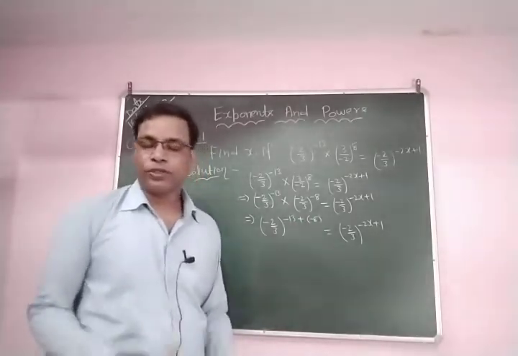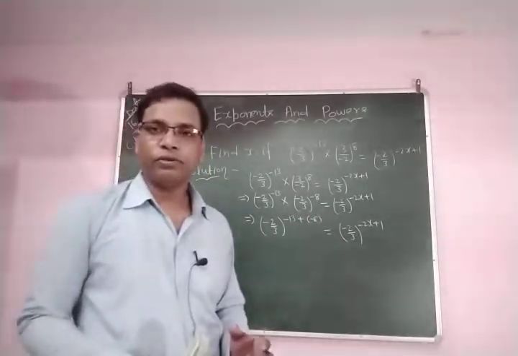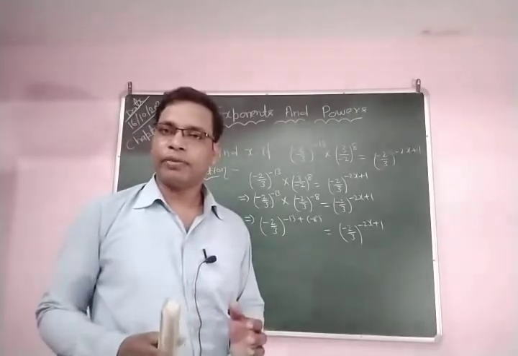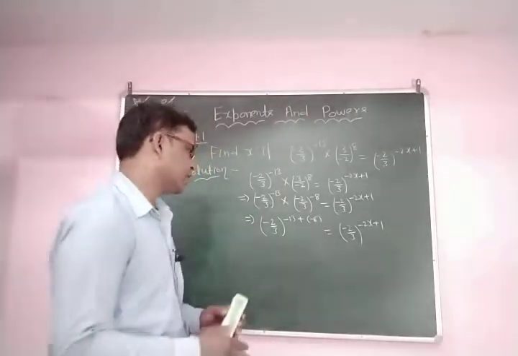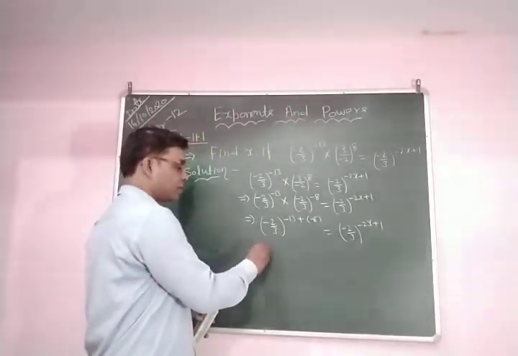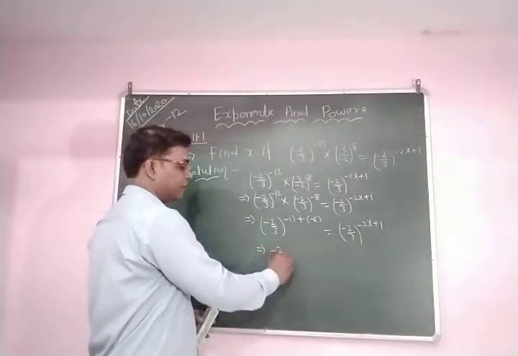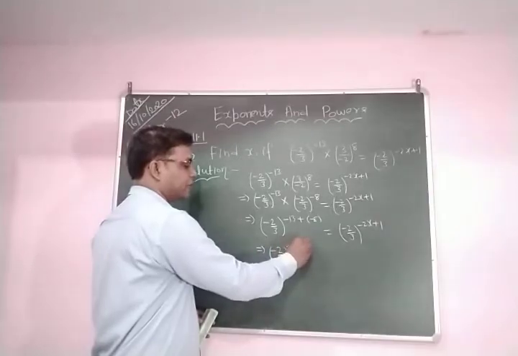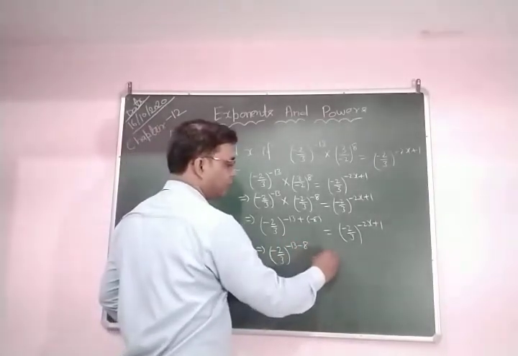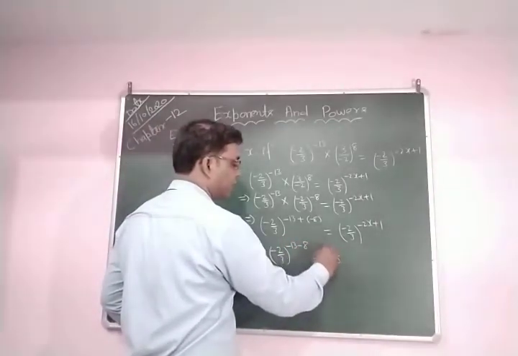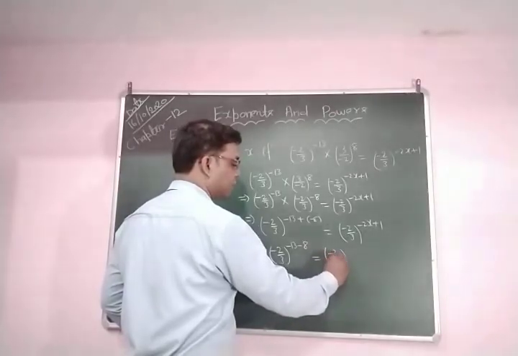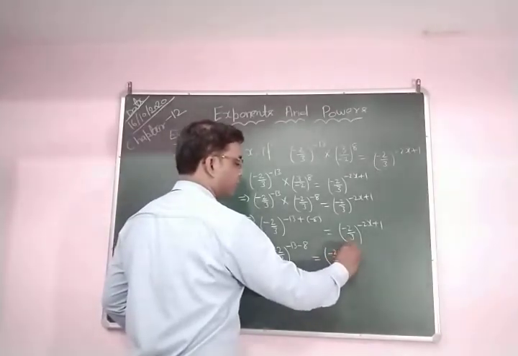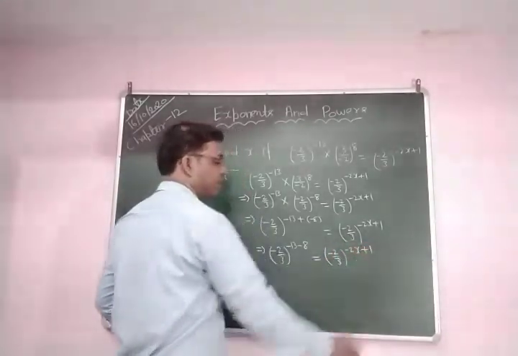So plus into minus, this is equal to minus. So you can write here minus 2 by 3 to power minus 13 minus 8. This is equal to minus 2 by 3 to the power minus 2x plus 1.